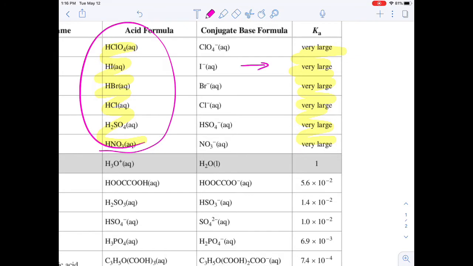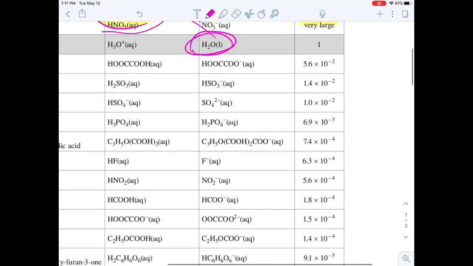Almost all of it has become hydronium and the conjugate base. But for a weak acid, you can see that this is going to be less than 50% forward reaction.